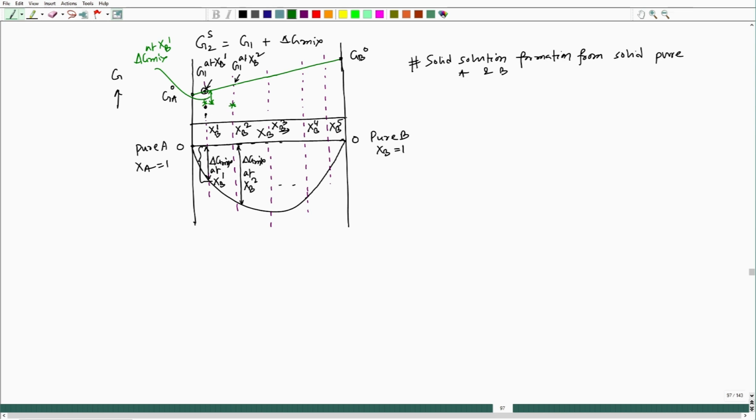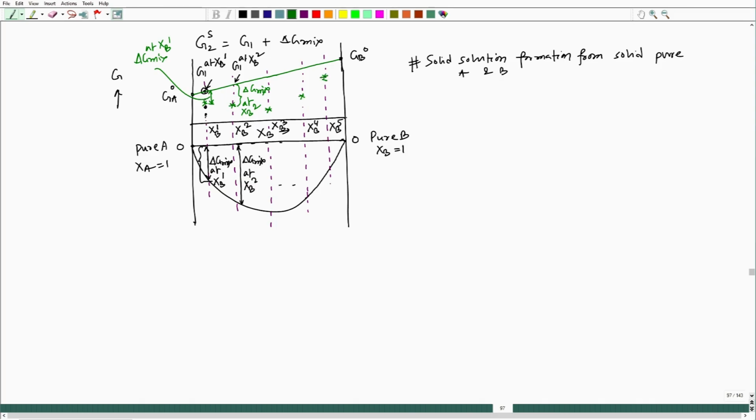So, this quantity is delta G mix at XB2. Like that, if we follow up, it will go like this, and then again it will start going up like this.